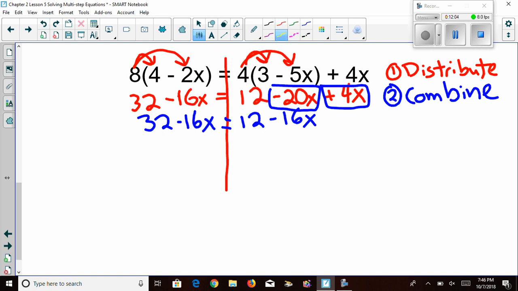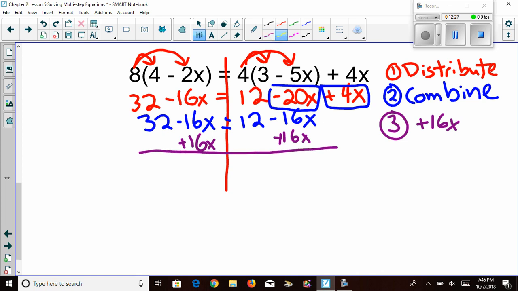When I go into the next step, which will be to get all the variables to one side, let me add 16x to move the one on the right over to the left. So I add 16x, I add 16x. Like before, these end up canceling each other out, and I'm left with 32 equals 12.